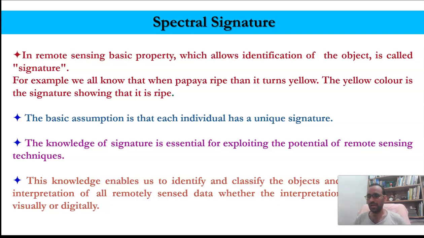If we try visually, definitely we have limitations, but digitally we use computer systems and software, and we use different kinds of values like digital numbers from the image to identify the objects. The digital platform doesn't have as many limitations as our eyes. We can use both: traditional methods use visual interpretation, but nowadays digital is much more appropriate.